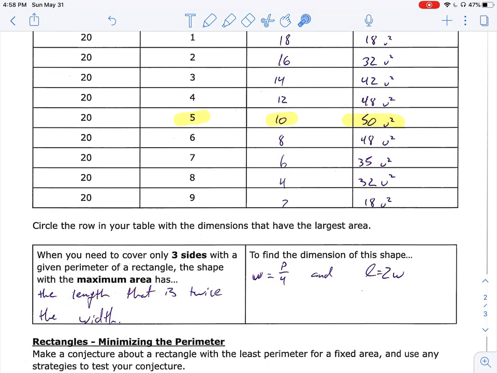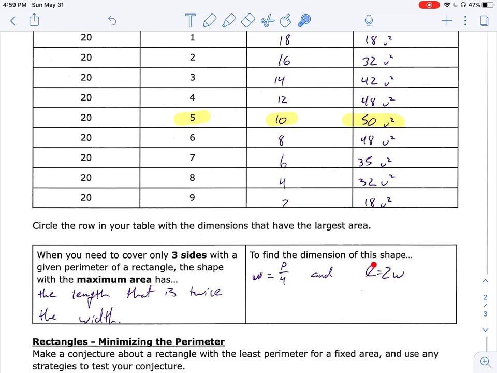The most optimal area of everything that we figured out would be with a length of 10 and a width of 5. Well, the length is 2 times larger than the width. To find the dimensions of this shape, again, we have the full perimeter divided by 4, that gives us our width.